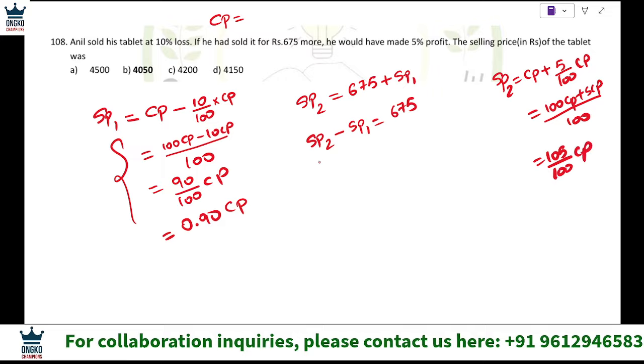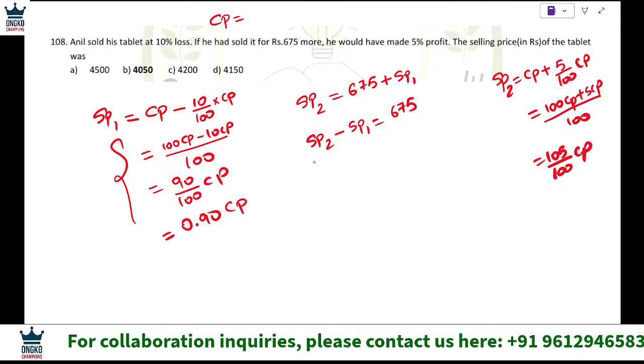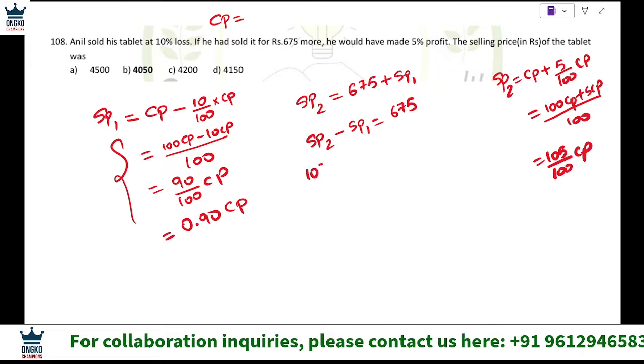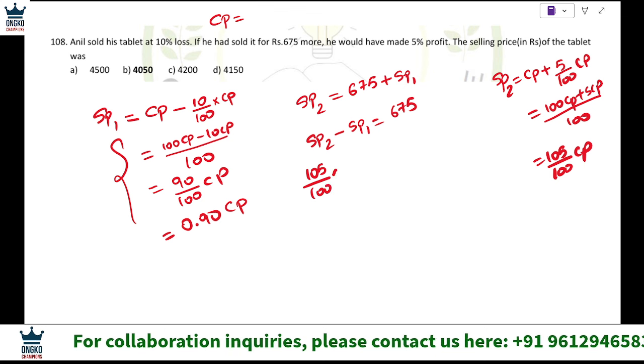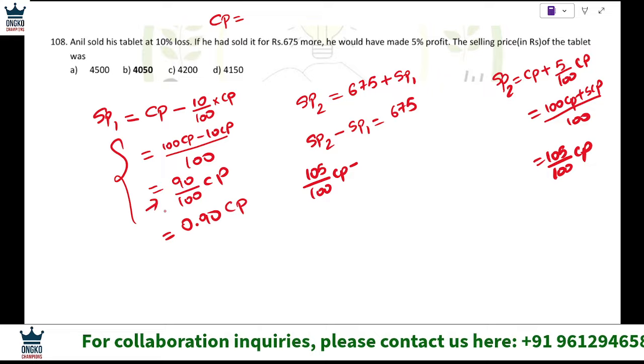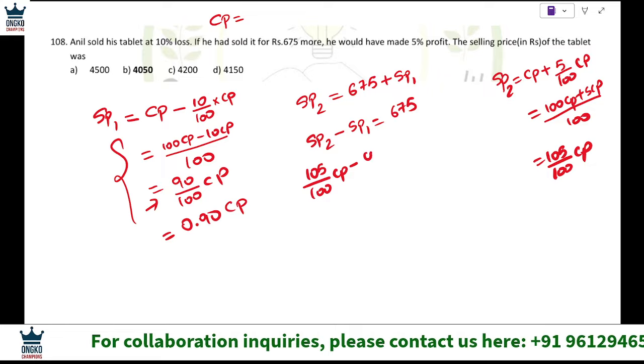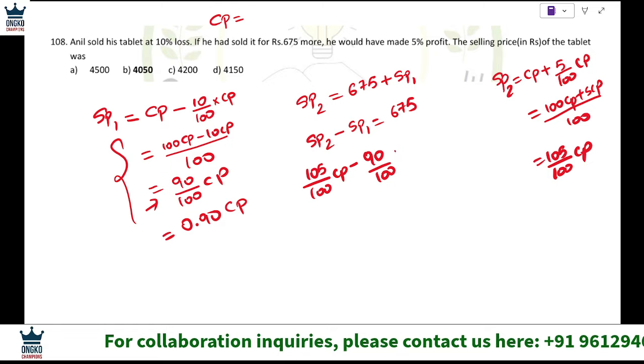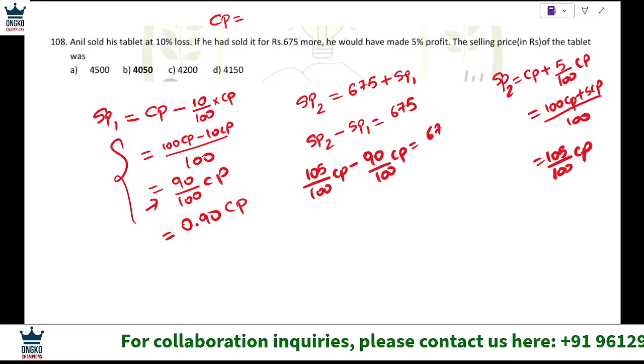So now let's put the value of SP, selling price of 2, that means 105 by 100 cost price minus 90 by 100 of the cost price is equal to 675.